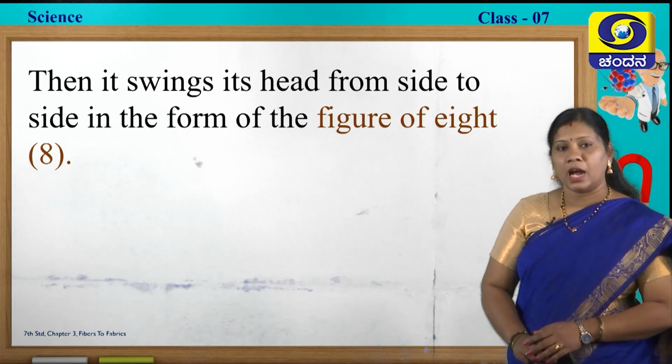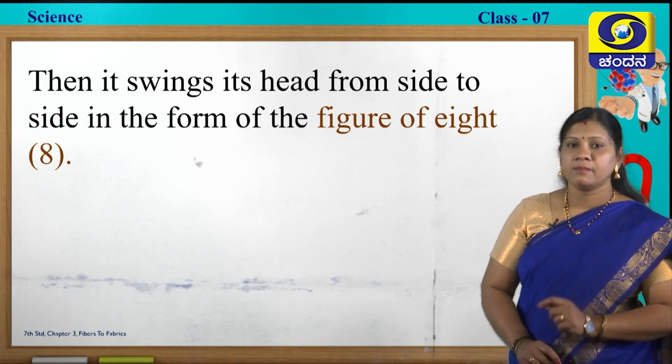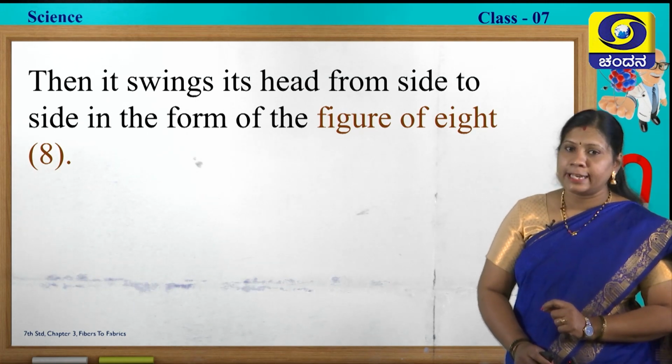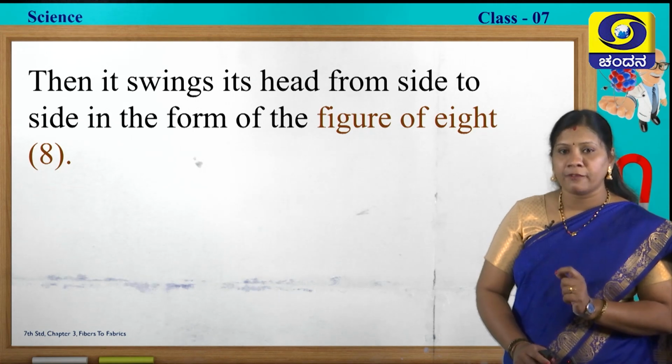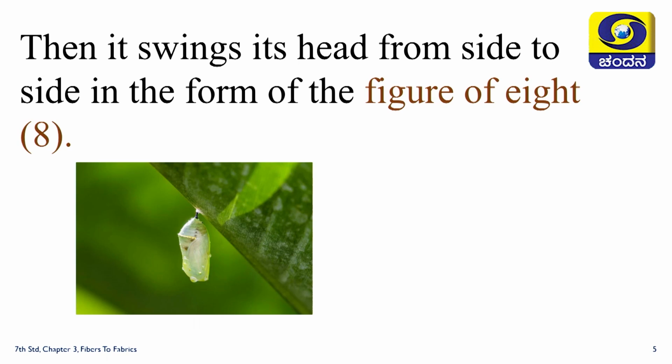Then, after becoming pupa, it swings its head from side to side in the form of a figure of 8. You already know the shape of 8, exactly like this. Yes, exactly in the shape of 8.